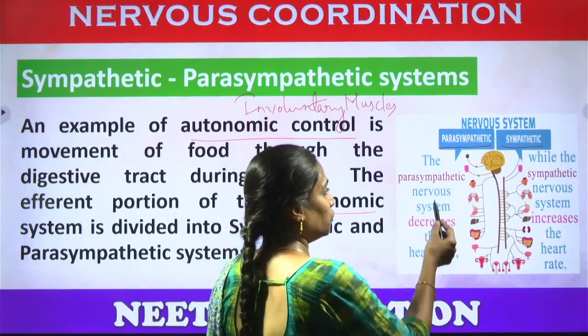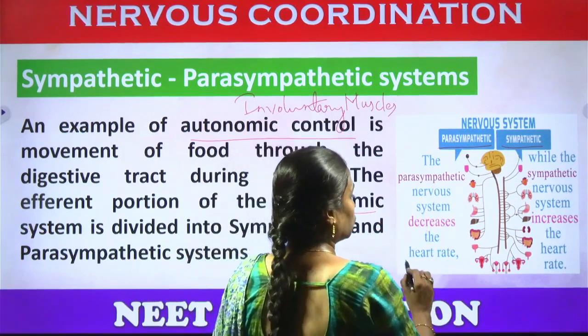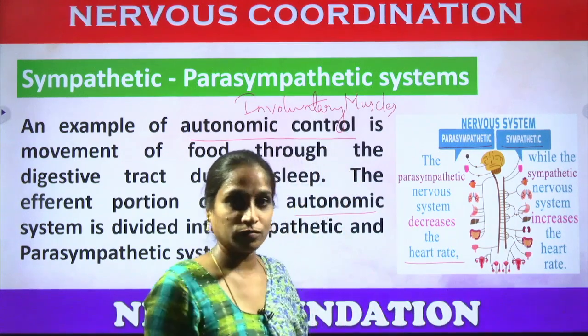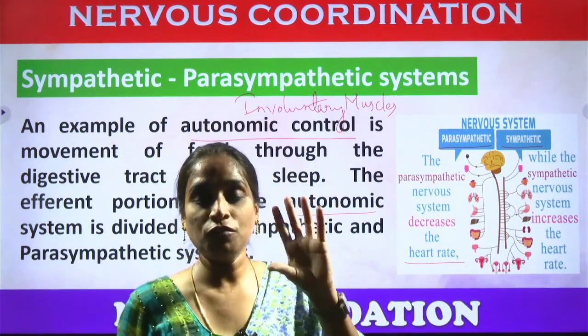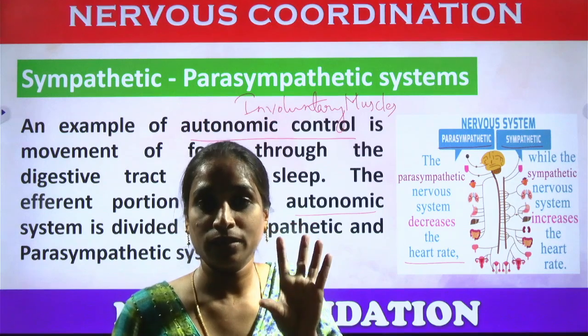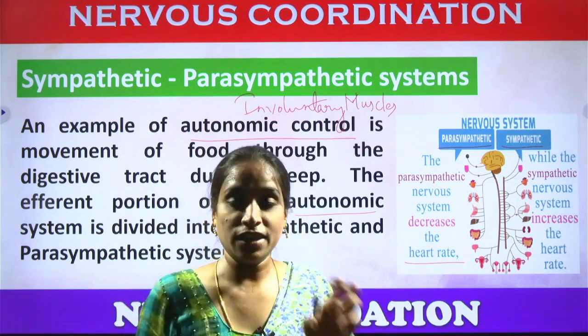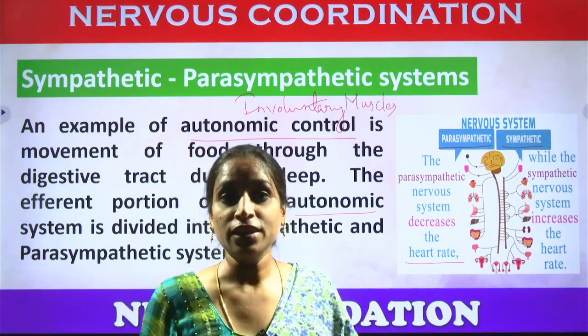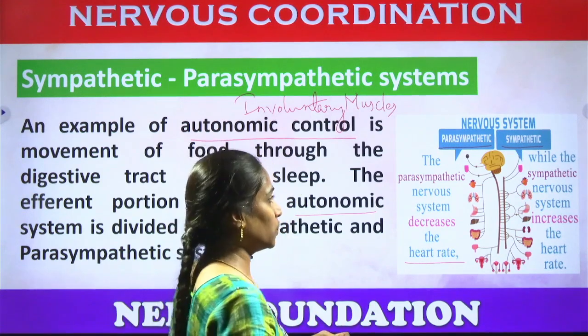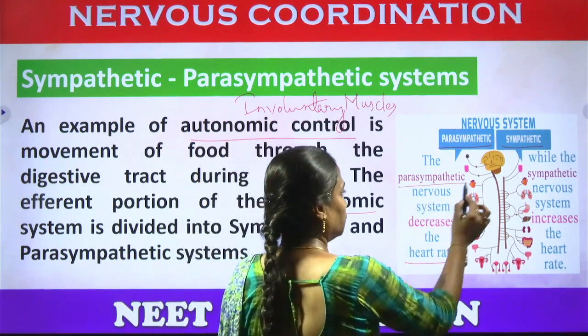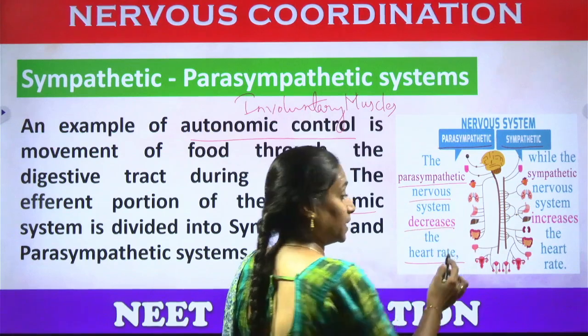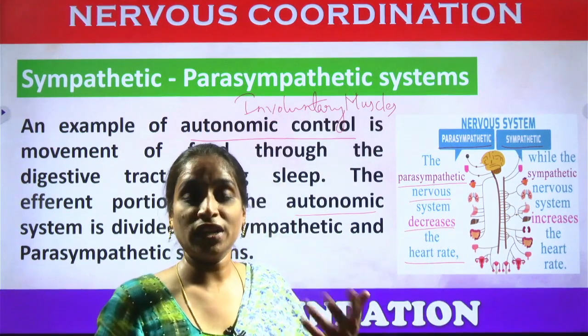For example, one of the organs he has mentioned here is the heart rate. What is the heart rate? Beating of the heart. The heart looks like a skeletal muscle, but it functions like an involuntary muscle. The parasympathetic nervous system decreases the heart rate. Why does it have to decrease?